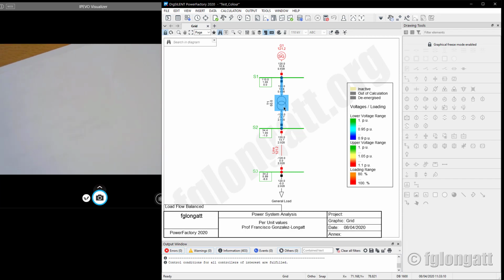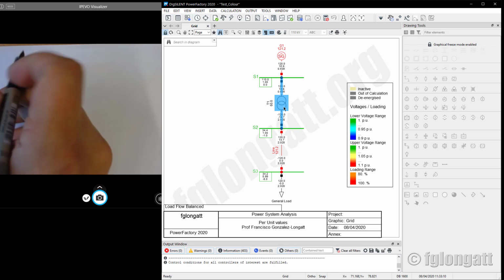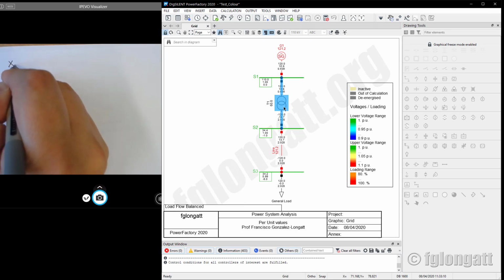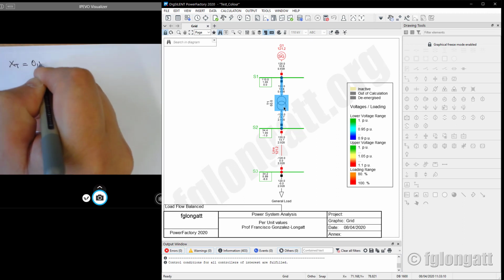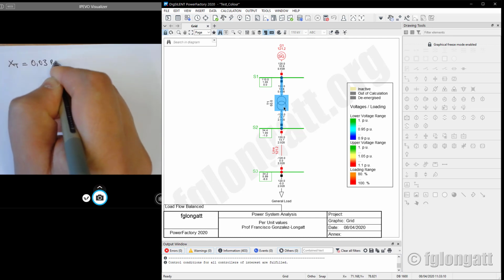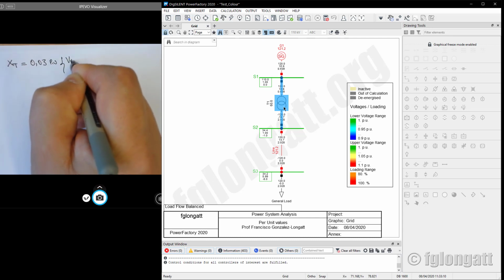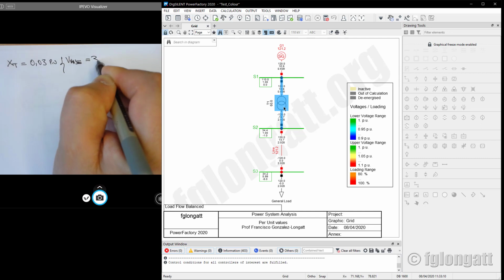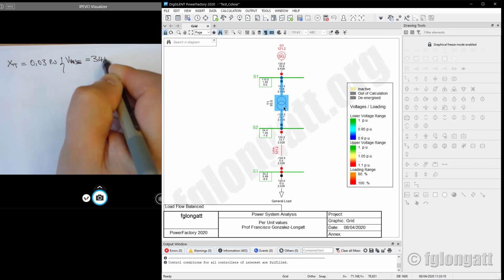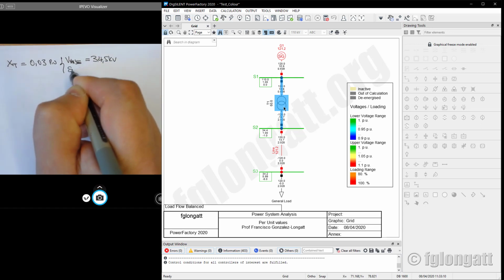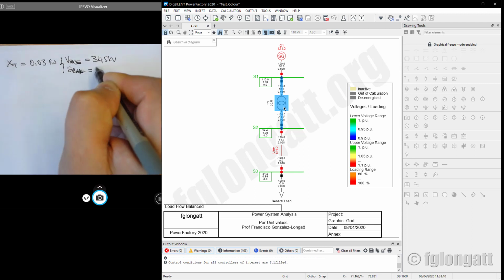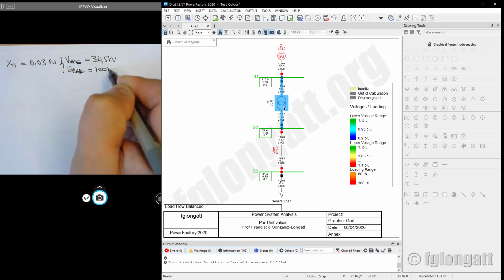That the original data, the data that was provided for your problem, is that the reactance of that transformer is 0.03 per unit when the base is 30.5 kV and the base is equal to 100 MVA.